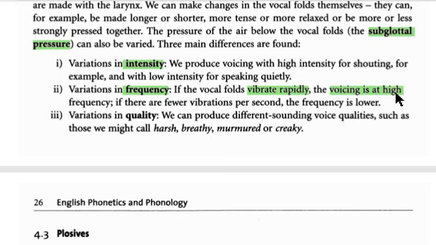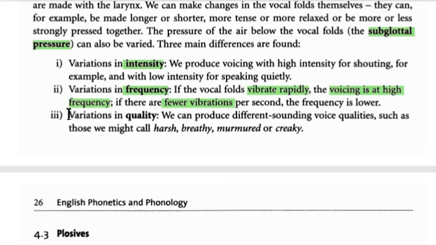Voicing is at a high frequency when your voice is sharp, like women's voices, which are a bit sharper than men's voices. When there are fewer vibrations per second, as when men are speaking, the voice is not sharp, but deeper.